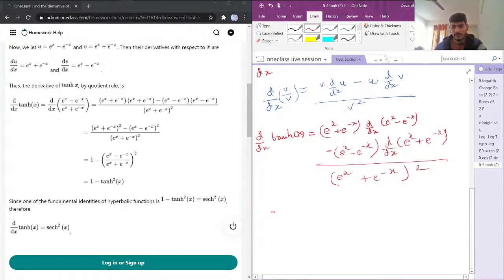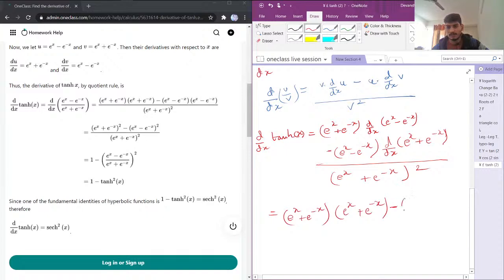Now I will write e power x plus e power minus x. The derivative of e power x will be e power x, and the derivative of e power minus x will be minus e power minus x. This minus minus will become plus.